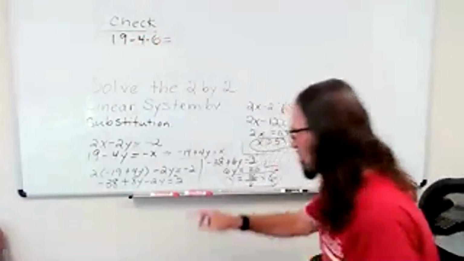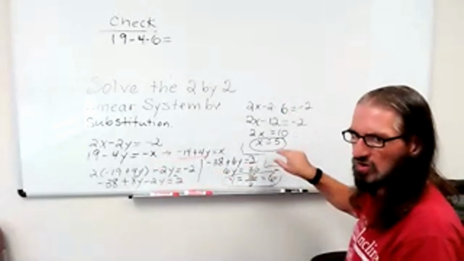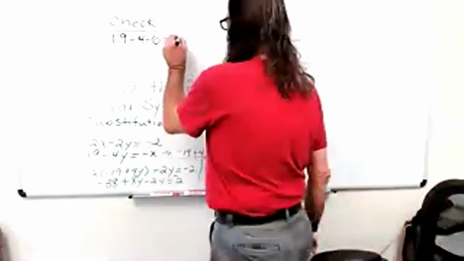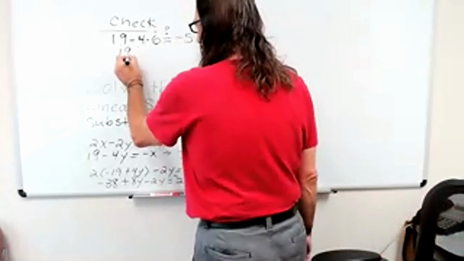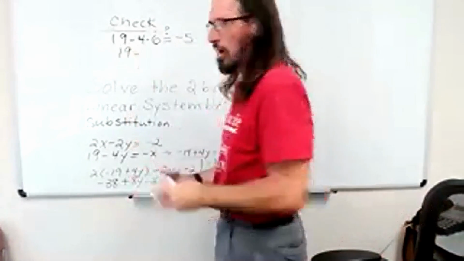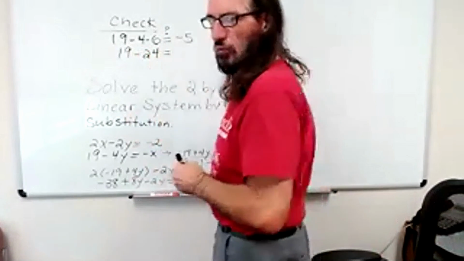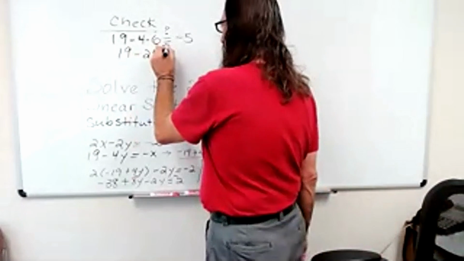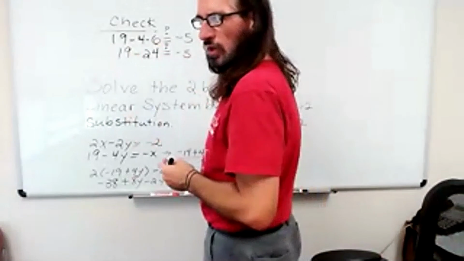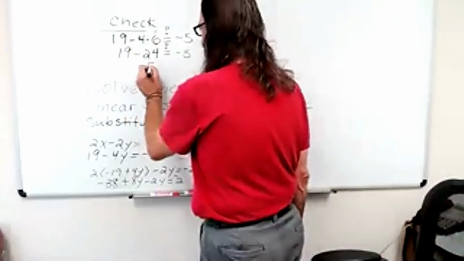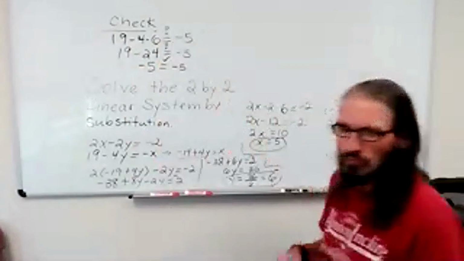We want that to equal the negative of x, so negative 5. Put a question mark. Multiply, because of the order of operations, multiply before you subtract, is 19 minus 24 equal to negative 5? It sure is. So this checks.